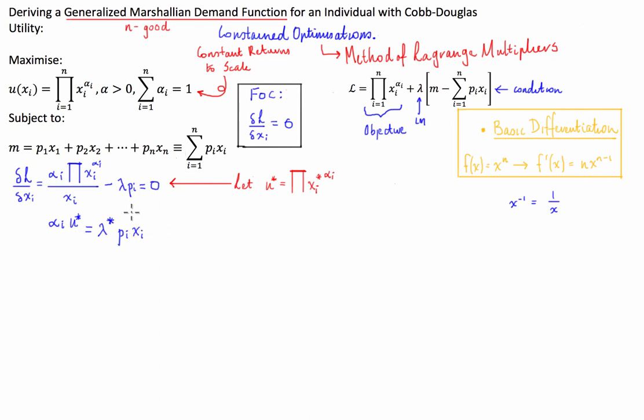Cool. So what I'm going to do now is sum both sides over all of my goods that I'm going to purchase. So I'm going to sum over all of my goods, all of my prices, and all of my elasticities. The elasticities are this alpha term that is in the power in our original utility function.